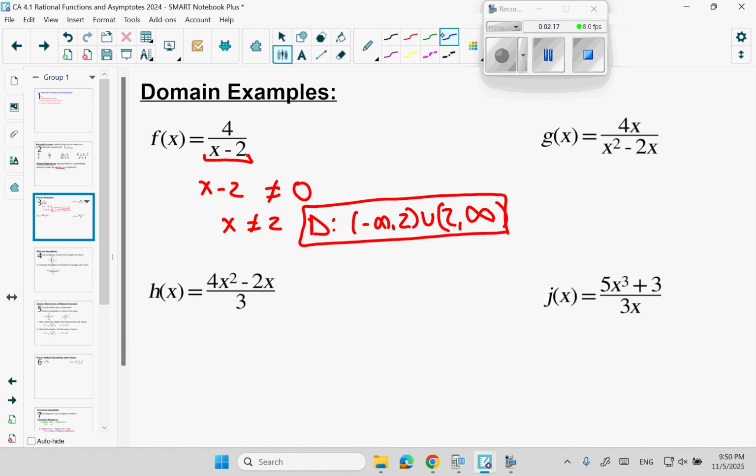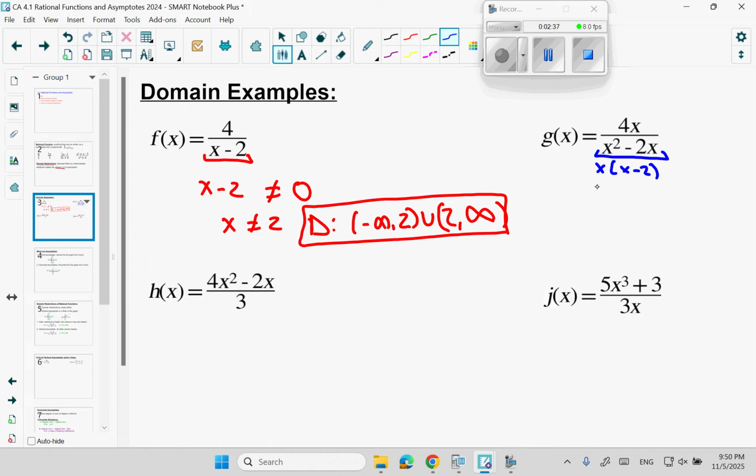Over here, we have g of x equals 4x over x squared minus 2x. One thing you should always be on the lookout for is solving, and typically by factoring. Here, I can take an x out of both of those terms, so I get x times x minus 2.